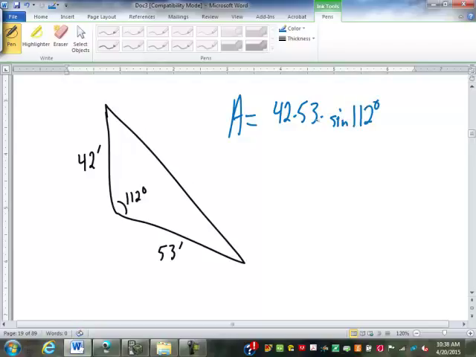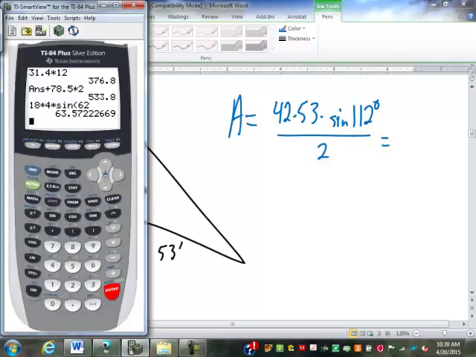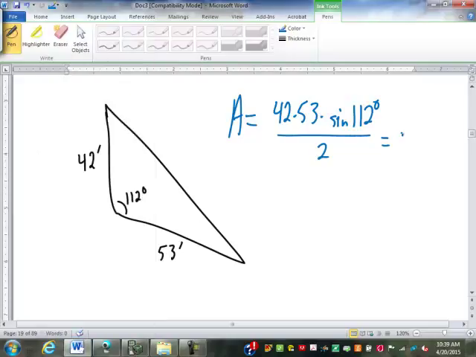Perfect. 42 times 53 times sine of 112 over 2. 42 times 53 times sine 112 divided by 2. 1031.96. What's that? What do you mean the sine's the opposite? Sine is opposite over hypotenuse, but we're not worried about that anymore. We're just worried about the sine as the trig function for right now.